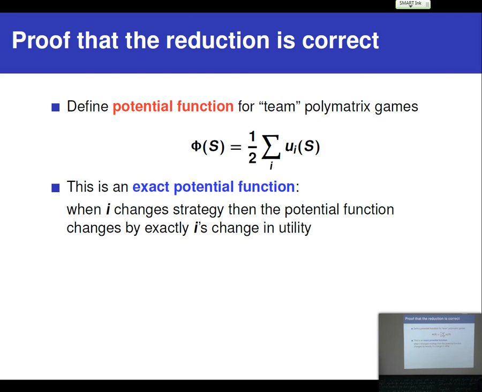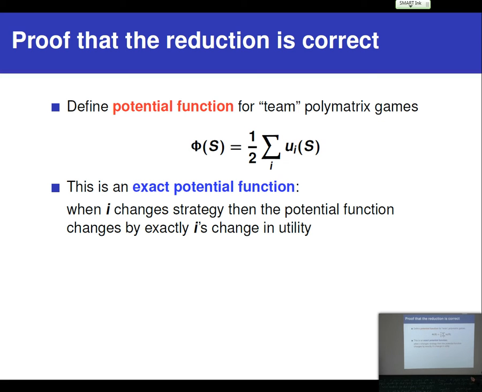The basic argument for all of these is that you can define a potential function where you sum up what each player gets for a given strategy profile and divide that by 2. And that's going to be an exact potential function, which means the following.